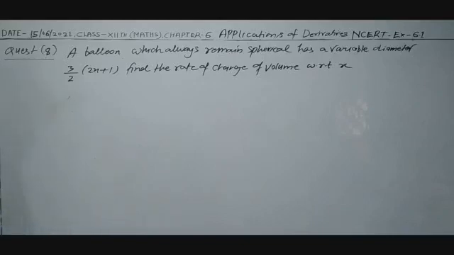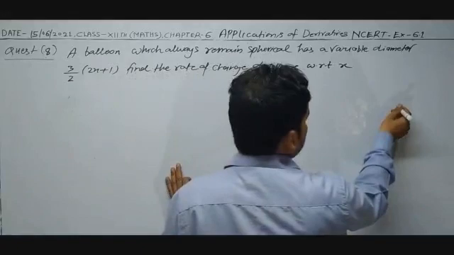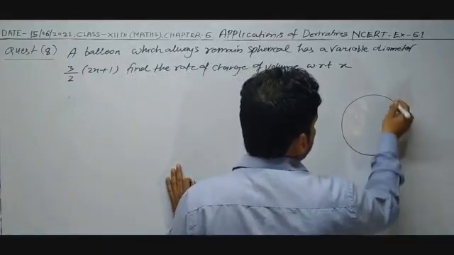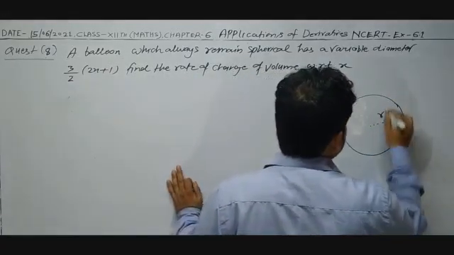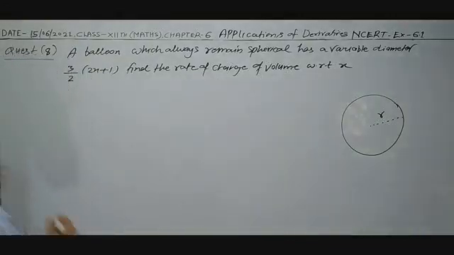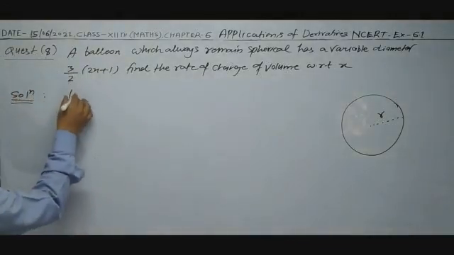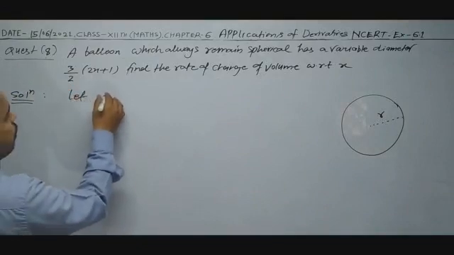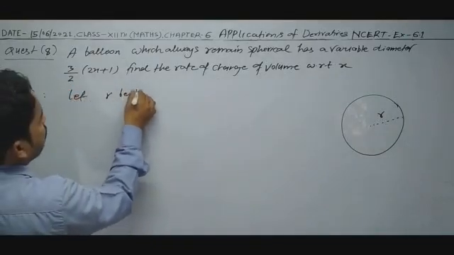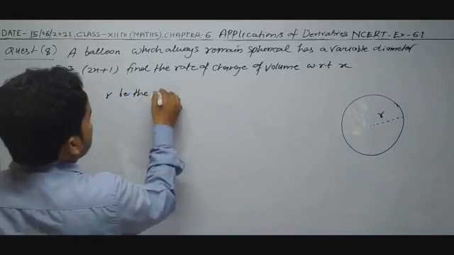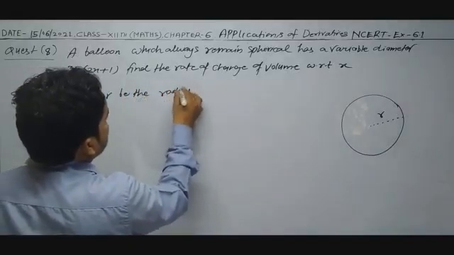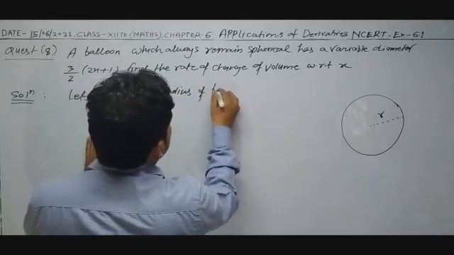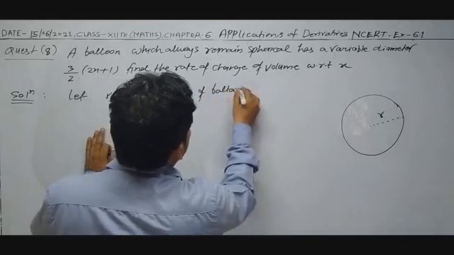So first of all, draw the figure. This is the spherical balloon having radius r. Solution is here. Let capital R be the radius of the balloon.